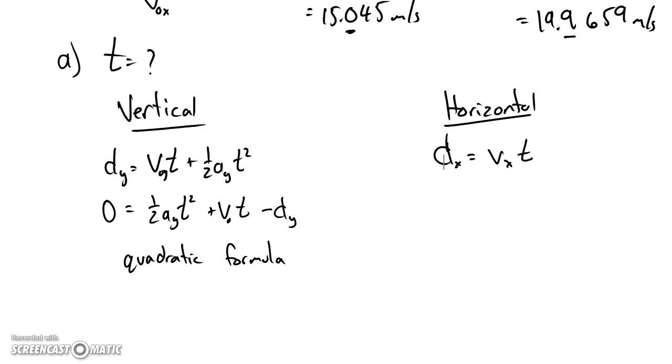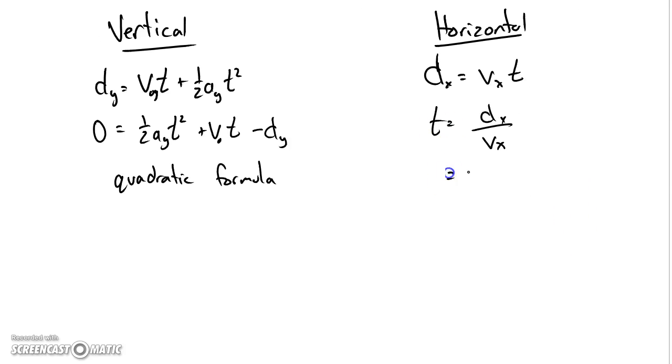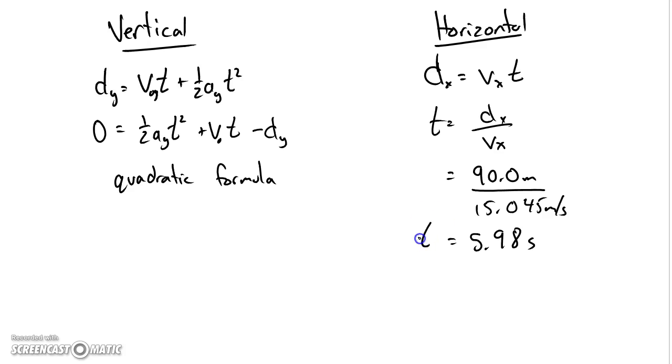So let's rearrange for time and we can get an answer. dx is 90.0 meters over 15.045 meters per second, and that will give us 5.98 seconds.